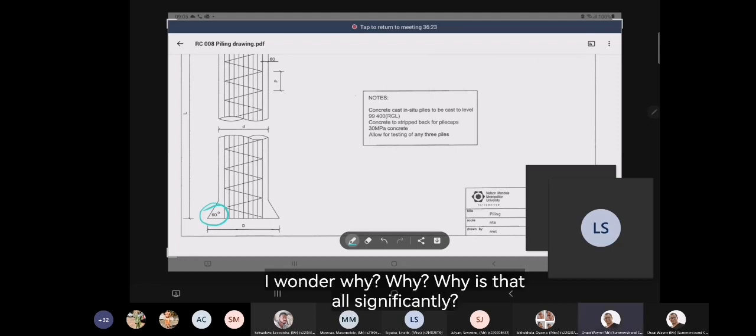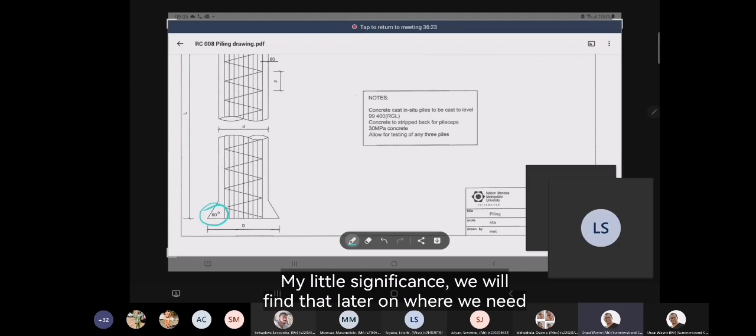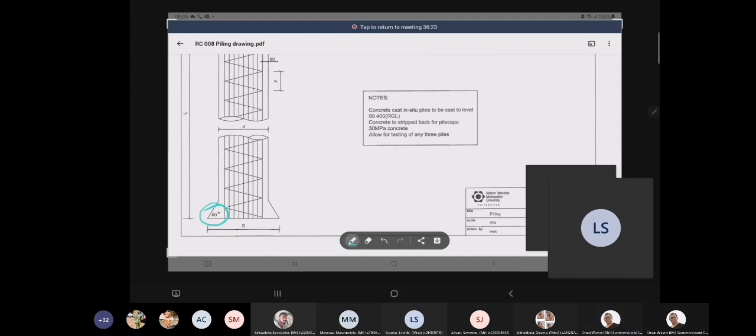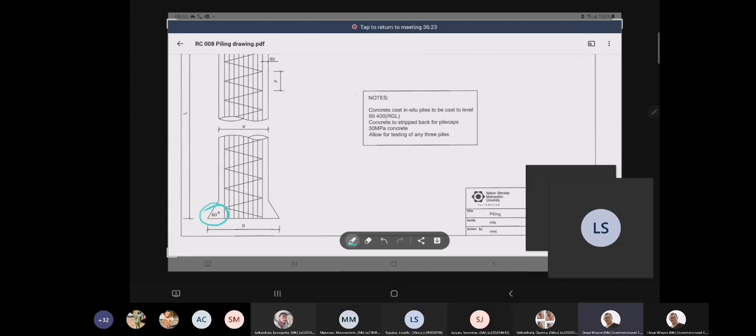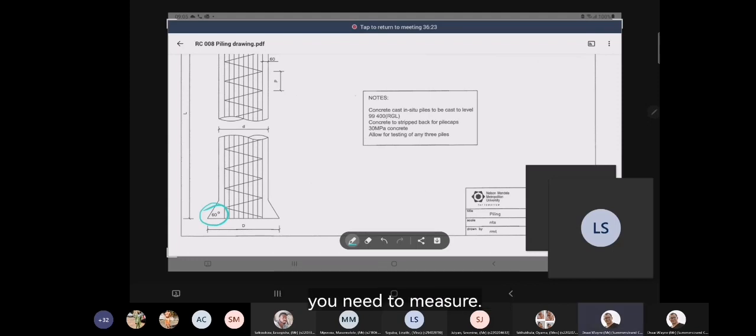And why is that of significance? We will find out later on when we need to determine the concrete that we have to cast in our section. So when I now go through and start measuring this, I would have a fair idea of what all we need to measure.